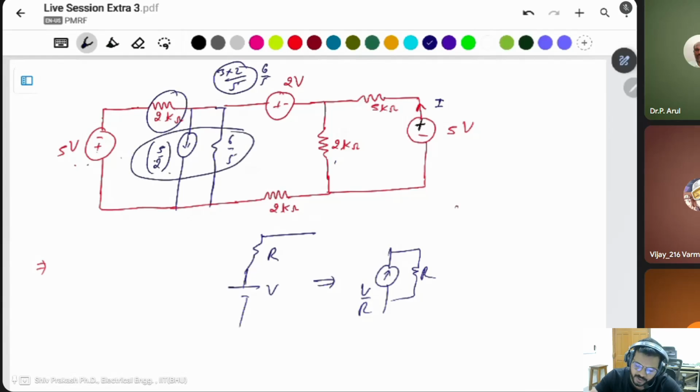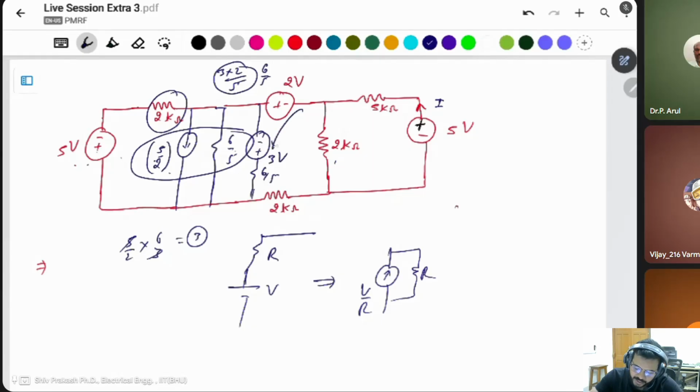Then you can change this one into a voltage source by multiplying these two: 5 by 2 into 6 by 5, the 5 cancels out, this will be 3 volt, with a series resistance of 6 by 5.